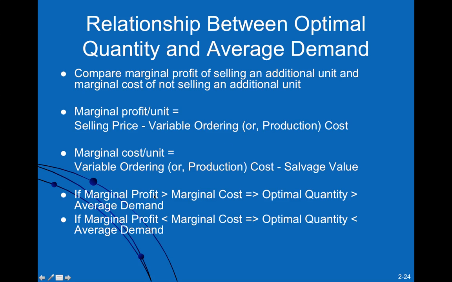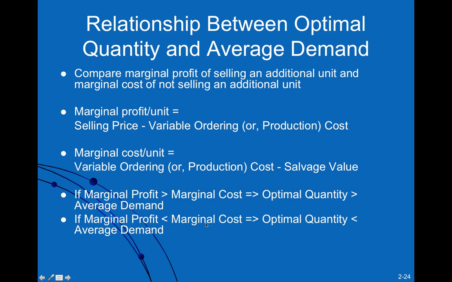What happens now is if your marginal profit is greater than your marginal cost, then you want to keep as much inventory as possible. In other words, you want to order quantities larger than your average demand, because if you sell more than the average, you will recoup that since your marginal profit is greater than your marginal cost.